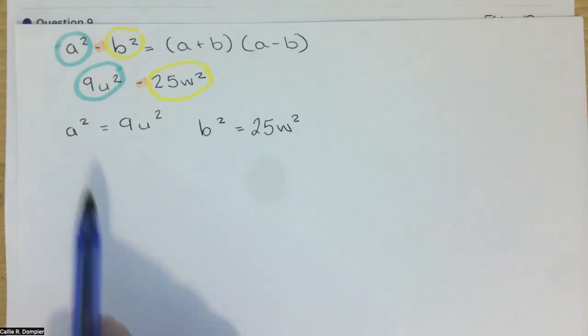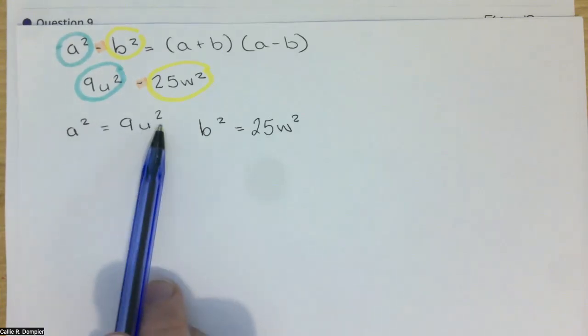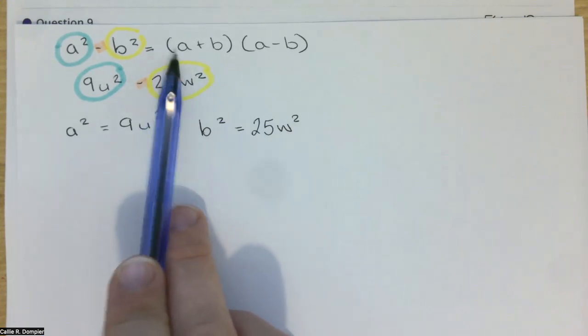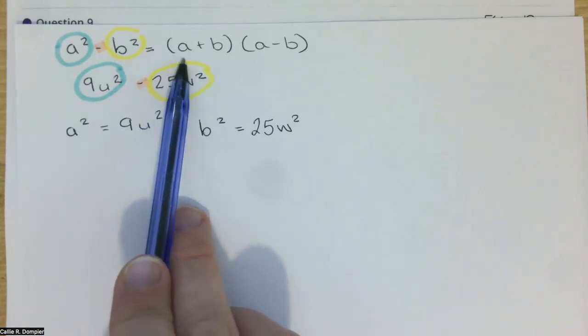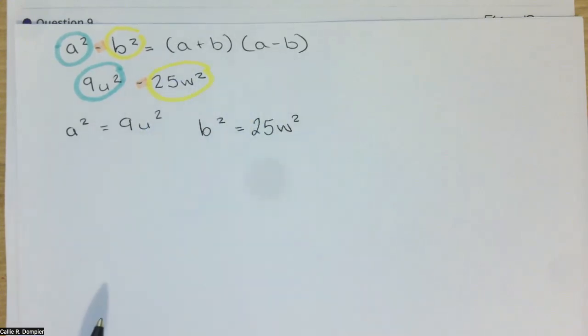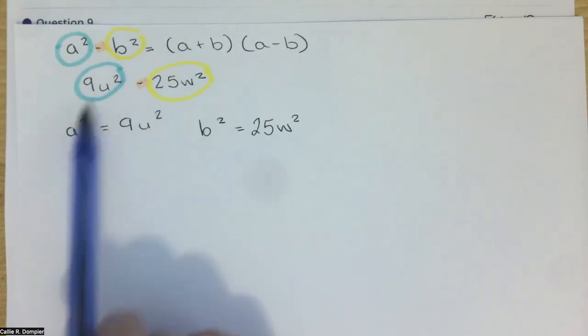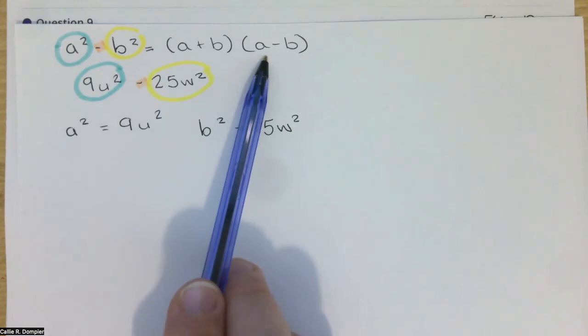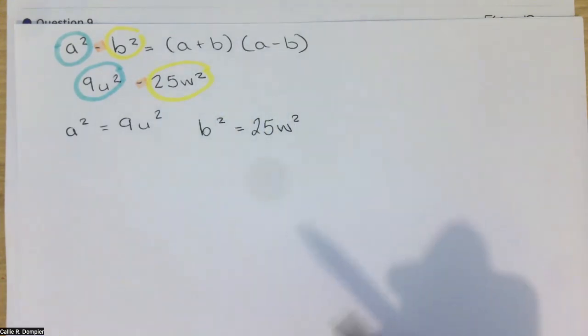So if I know that a squared is 9u squared and b squared equals 25w squared, to finish this I need to find what is a and what is b. If I have a, I'll put it right there. If I have b, I'll put it right there, and then I'll put a there again and b there again, and I'll be done.